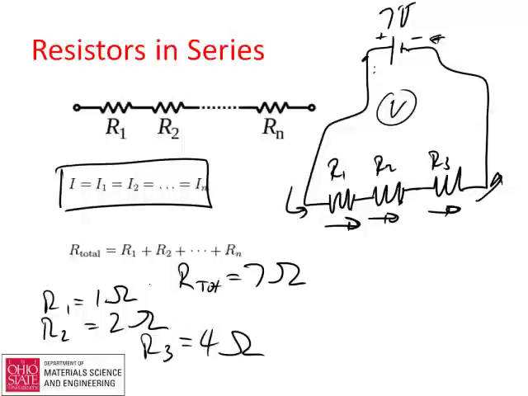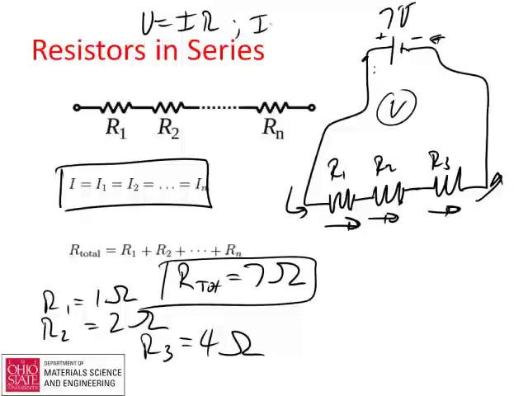Let's take this on faith and we'll go back and understand it. What would the current that runs through the system be? Well, V is equal to IR, or I is equal to V over R. V is 7 volts, R is 7 ohms. That means 1 amp runs through the system.